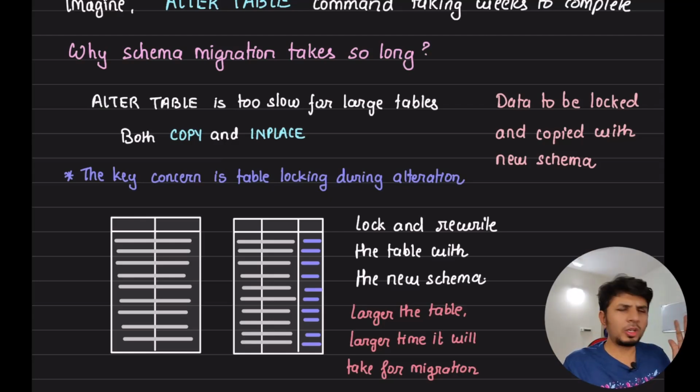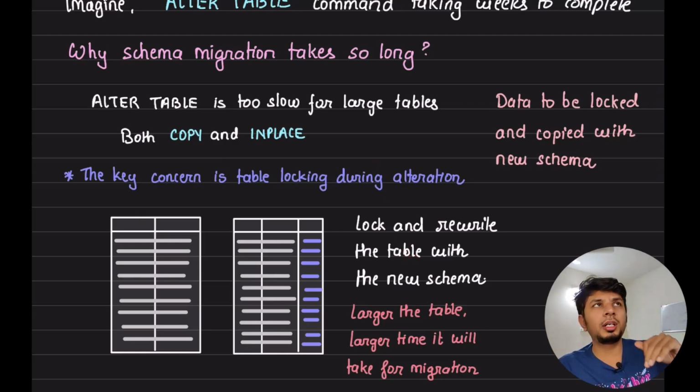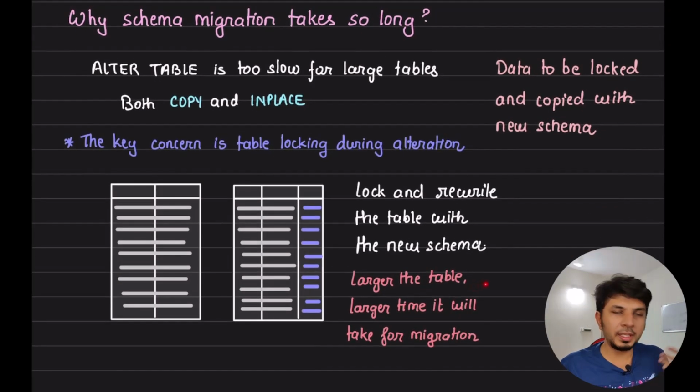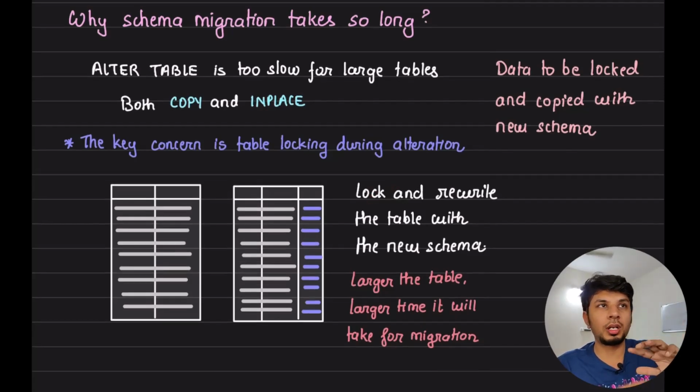Right? And be it copy, be it in place, the table is locked, or if you are doing in place, the row is locked for some time and then it is rewritten with the new schema. So if your table is large, it will take a longer time to run and complete the migration. And for that entire duration, the table or the rows, depending on your database tuning, would be locked.